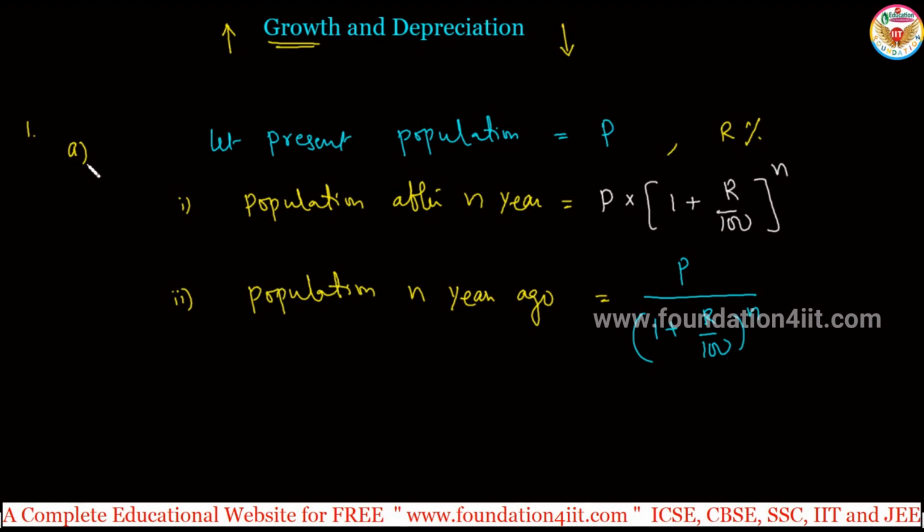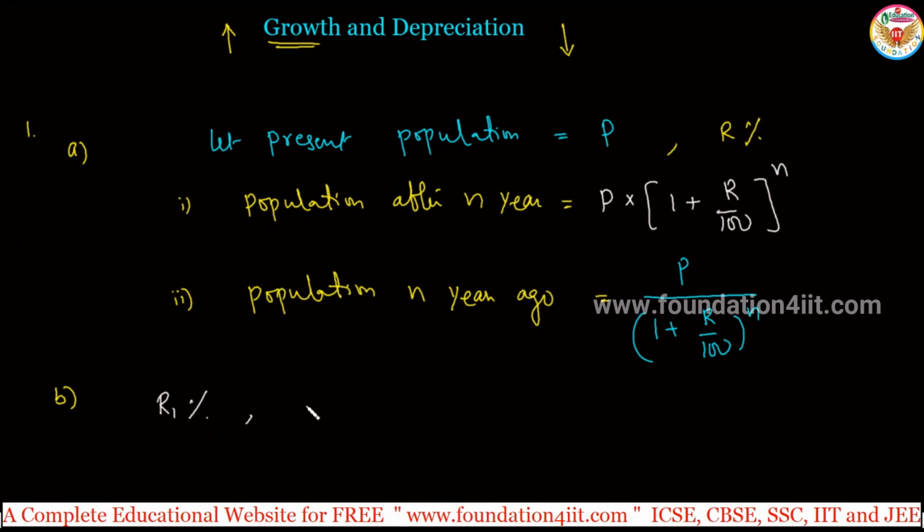Okay, and the same formula, if you want to see one more. Let there be an increase in population with a different rate of growth. First year let it be R1% and second year R2%.